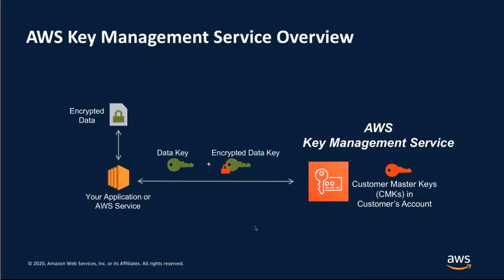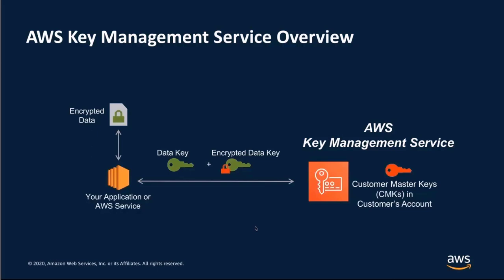When you generate a data key, the AWS KMS service will give you back a data key and also a key that is encrypted using this master key with that API call.